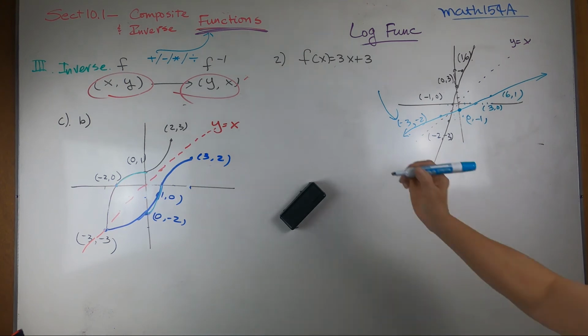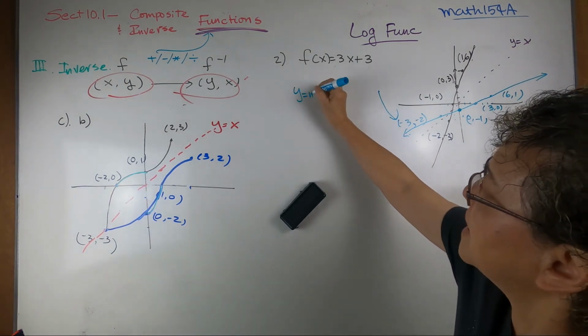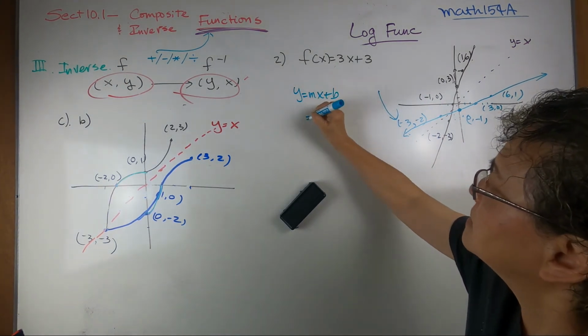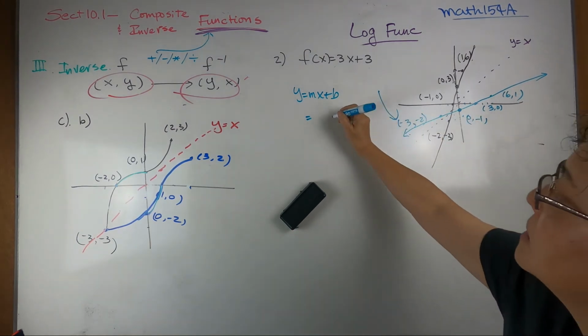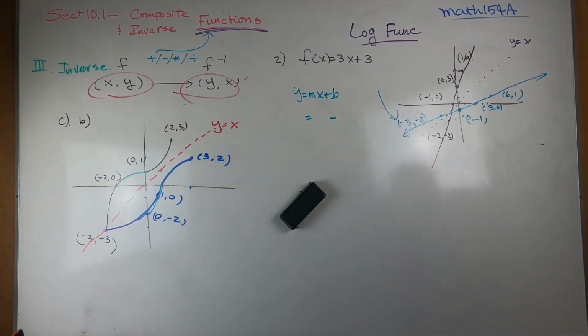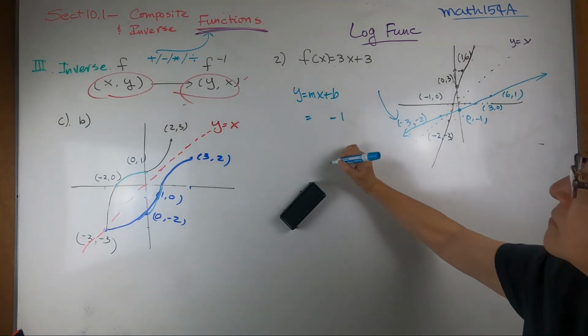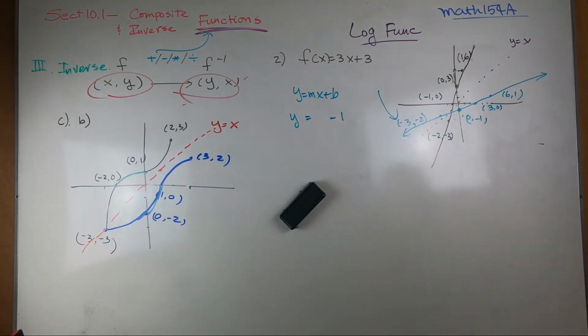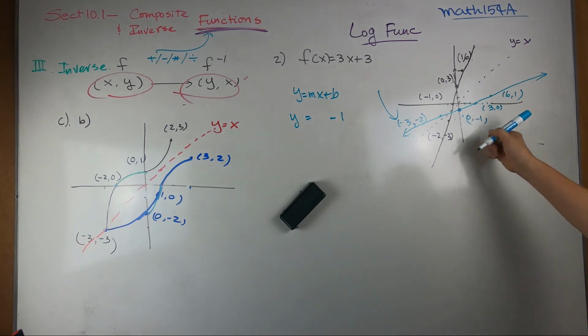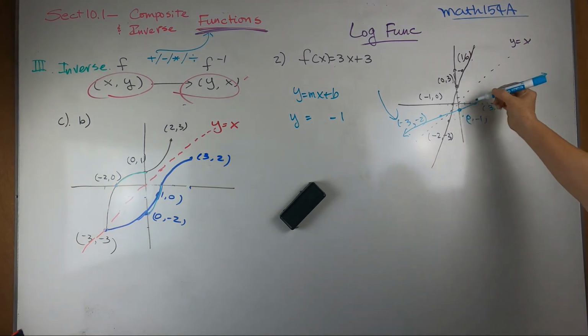So what's your y-intercept? So y equals mx plus b, right? So your b is what? Actually it is -1, right? And what is your slope for this inverse line? So rise over run, right?